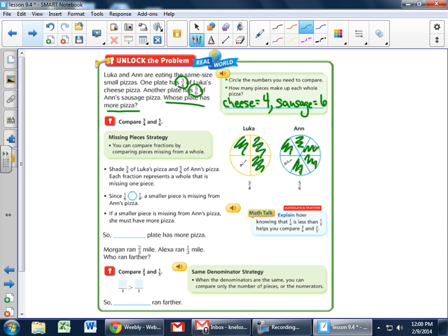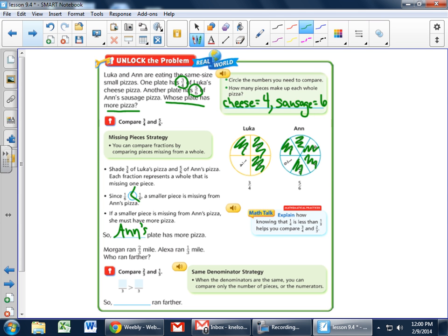A smaller piece is missing from Anne's pizza. So we know that 1/6 is smaller than 1/4. If a smaller piece is missing from Anne's pizza, she must have more pizza. So Anne's plate has more pizza. Both of these were on their plates, and Anne has more pizza on her plate.